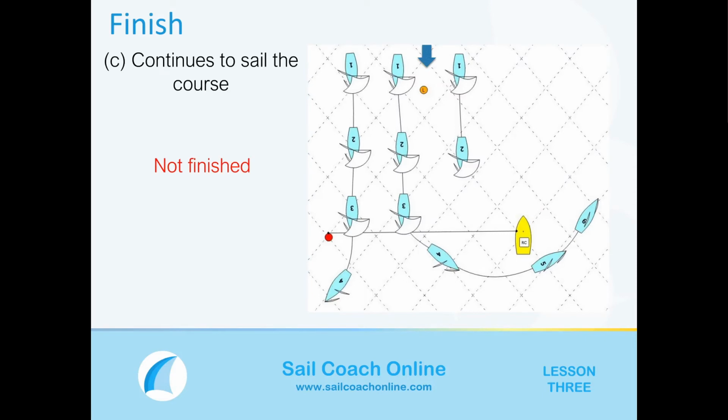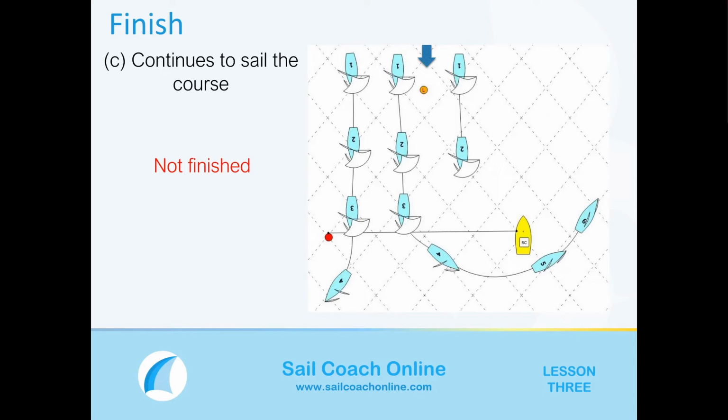And then the last example, C, continues to sail the course. The left-hand boat crosses the line and then heads off to starboard. That is a finish. The middle boat crosses the line, but then continues to sail the course, so she hasn't been deemed to finish.